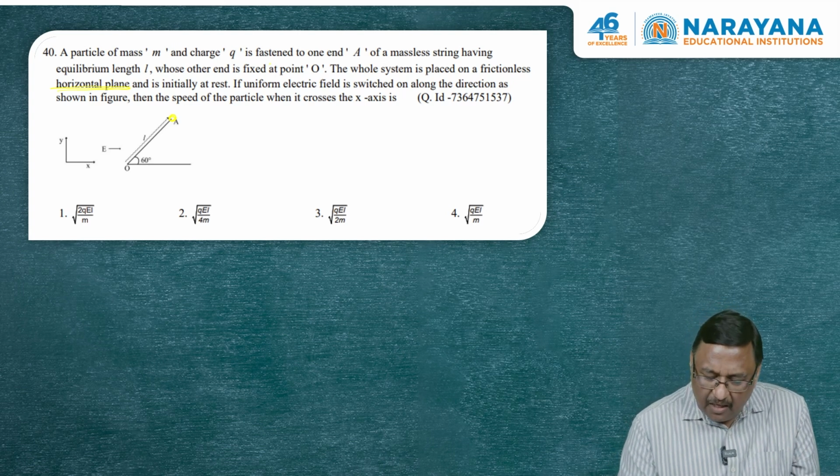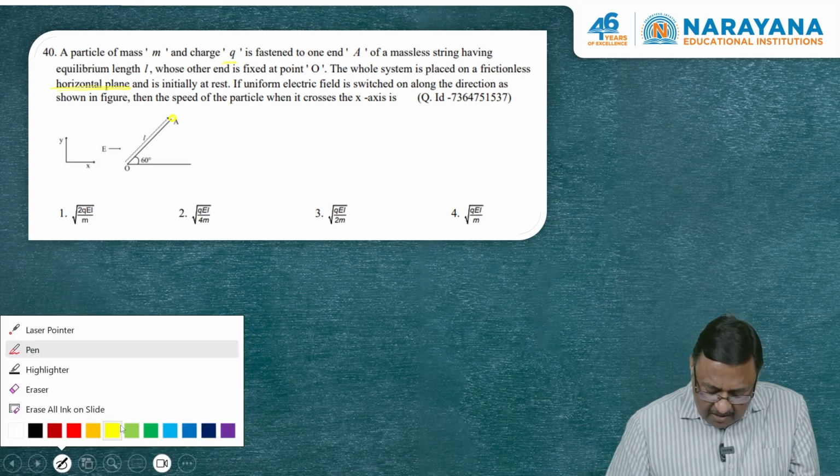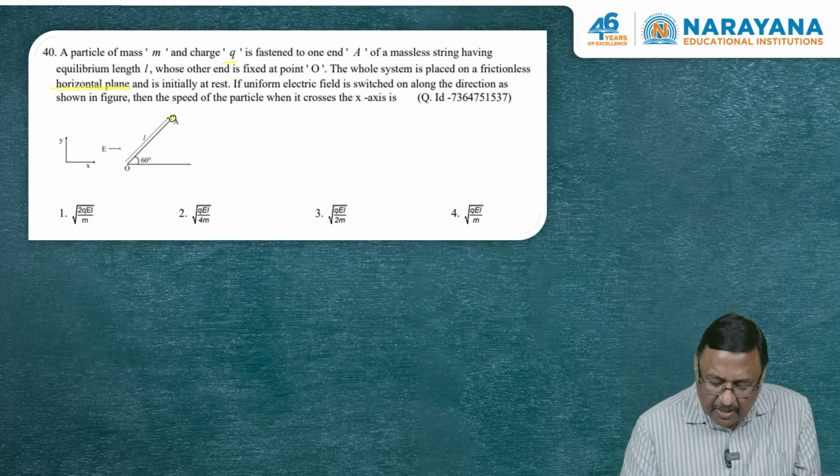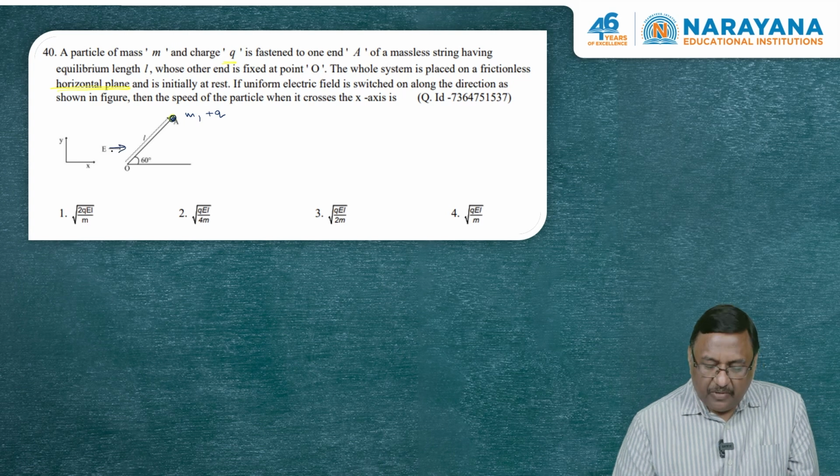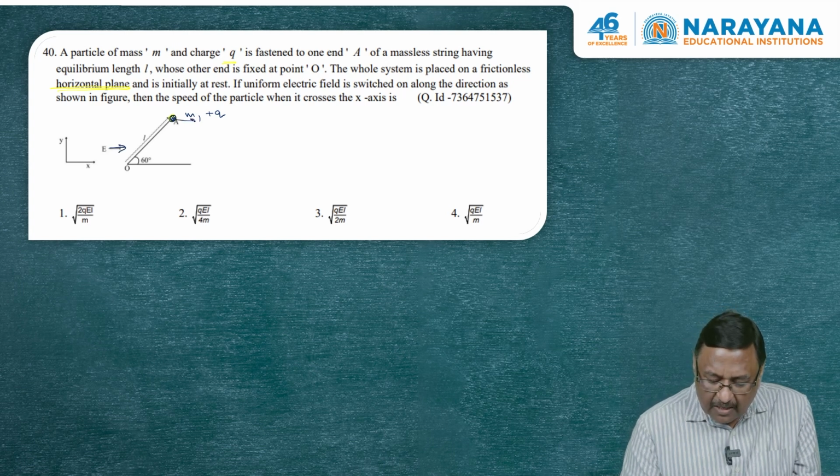Again, see beta, here we are writing q, so let me consider q to be a positive charge. If q is considered to be a positive charge in this diagram, let me say this is my body, it has mass m and plus charge q. If I switch on the electric field in this direction, there is an electrical force on this particle.